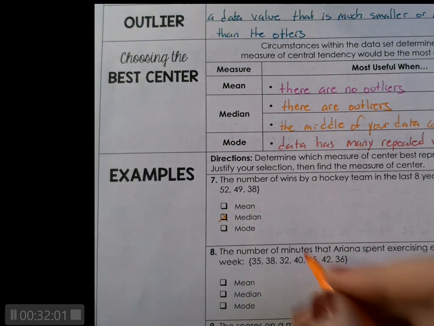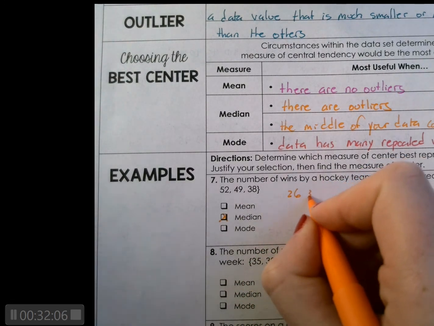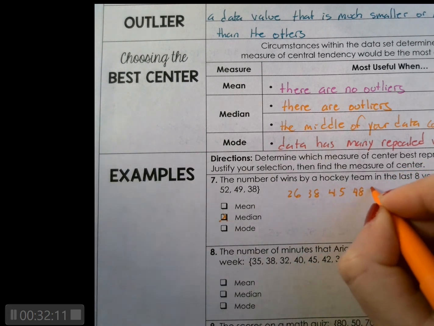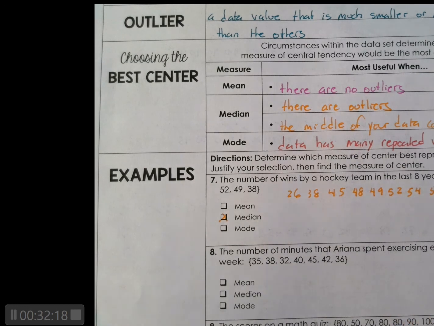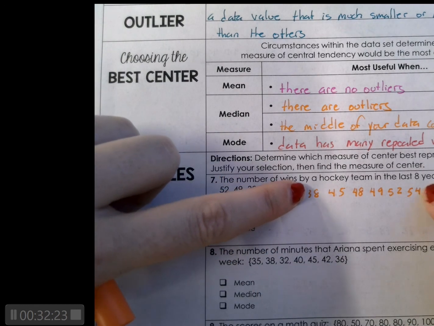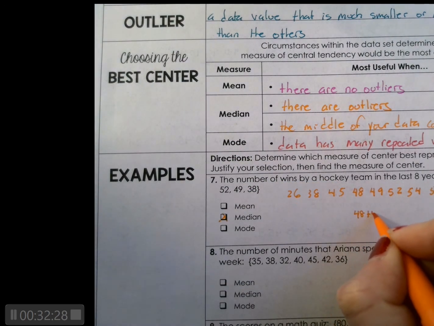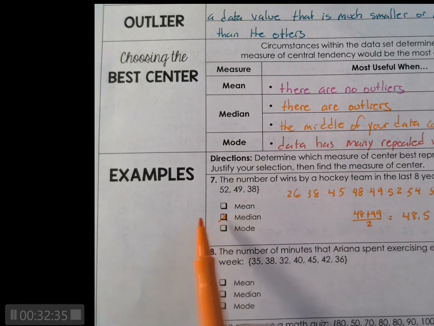All right, but let's make sure. So I am listing my numbers in order from largest to smallest, because it did say justify. So, going to find my median. 48 plus 49 divided by 2 will give me 48.5. And that's about right. Okay?